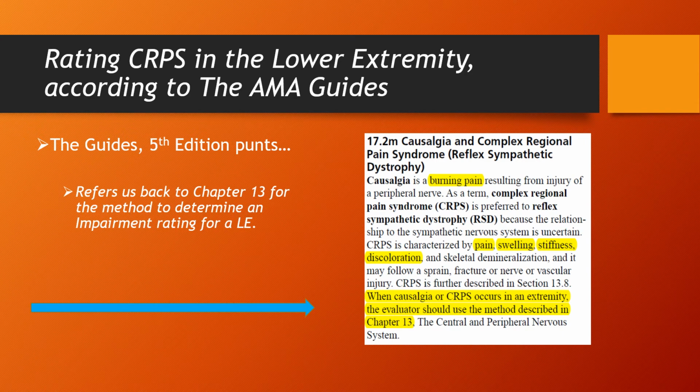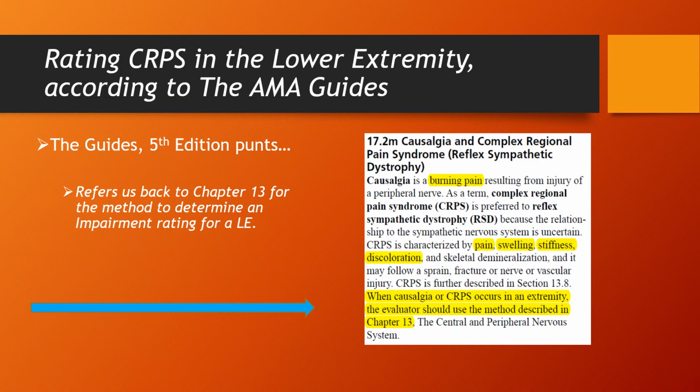Well, they refer us to Chapter 13. Okay, so we're in Chapter 17, the lower extremity here, and section 17.2m specifically, when you talk about CRPS, they start to make some determinations, and they repeat the definitions. Causalgia is a burning pain, injury of a peripheral nerve. Okay, that would be type 2.